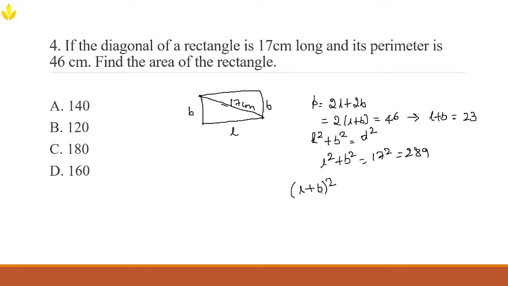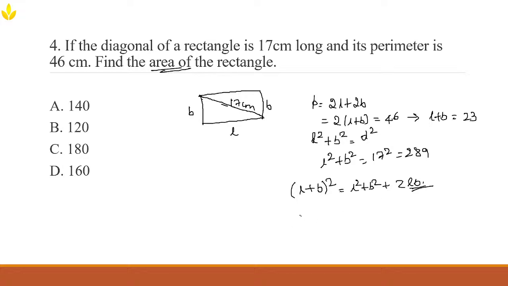So (length plus breadth) whole square will be equal to length square plus breadth square plus 2LB. The question is to find the area of the rectangle, so we need to find the product of length into breadth. That gives you the area of the rectangle.